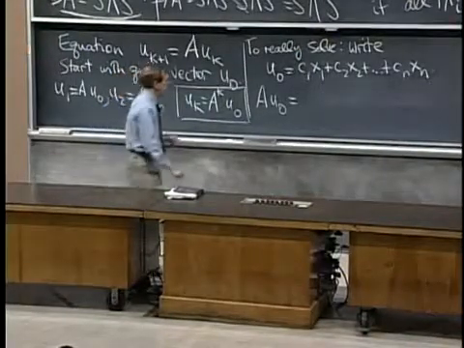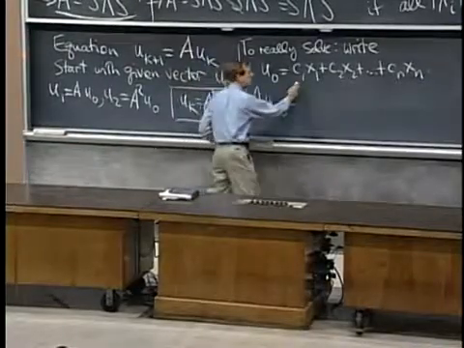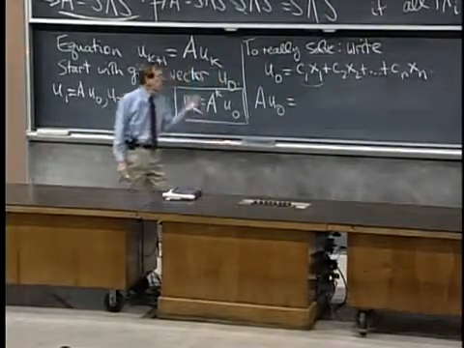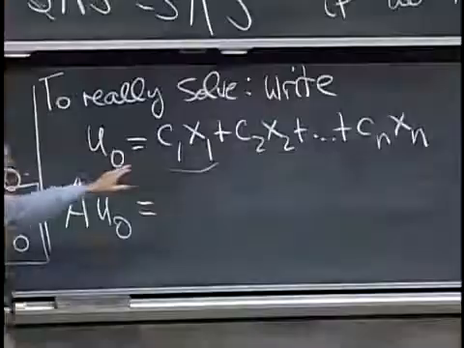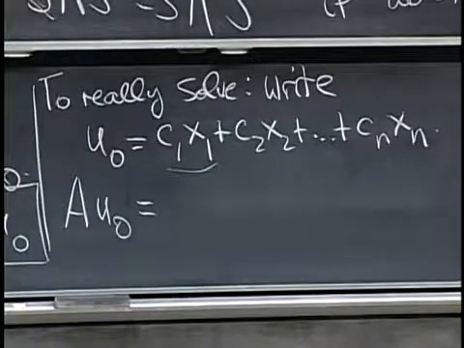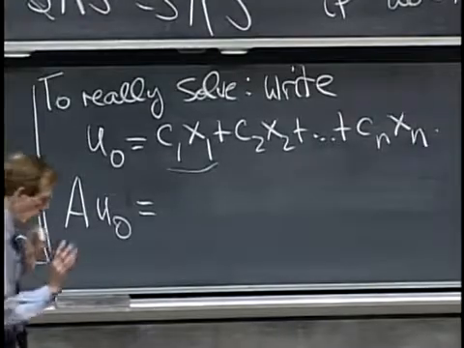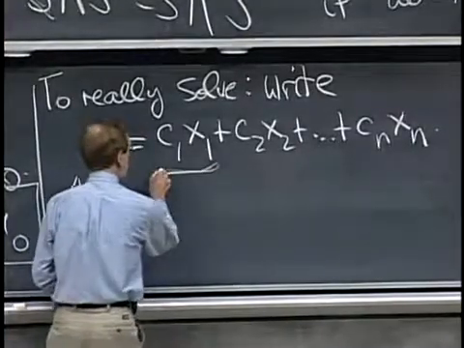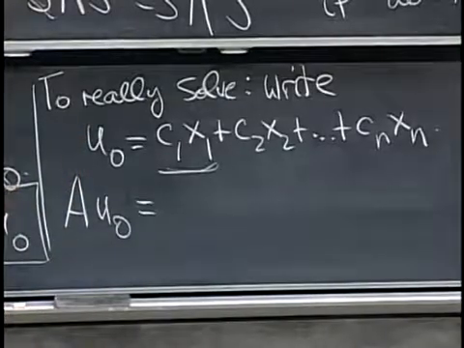Each of those pieces is an eigenvector, and when I multiply by A, what does this piece become? So that's some amount of the first, let's suppose the eigenvectors are normalized to be unit vectors. So that says what the eigenvector is, and I need some multiple of it to produce u naught.